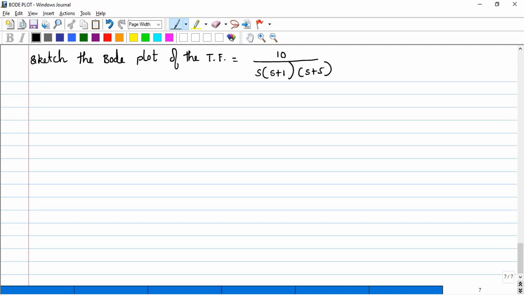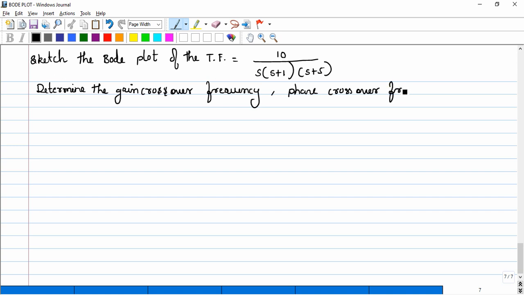So what do we need to determine? Here we need to determine the gain crossover frequency and phase crossover frequency, followed by the gain margin and phase margin, and finally state the system stability.